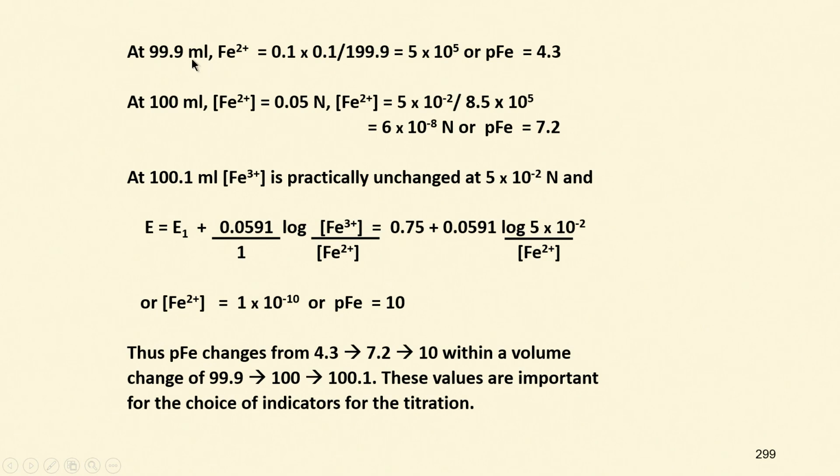So, at 99.9, let us calculate the concentration of ferrous. Now, I know that 0.1% is not converted, and this ratio is 0.1 by 199. Now, I am taking the dilution factor. If I solve this equation, I get 5 into 10 raised to minus 5, or PFe would be 4.3, just like pH.